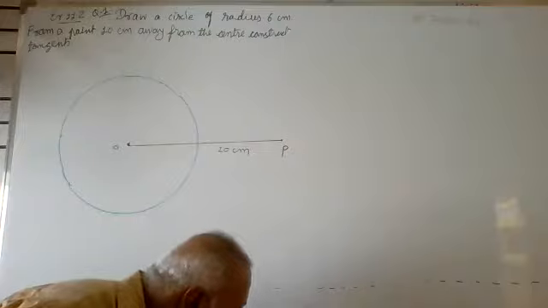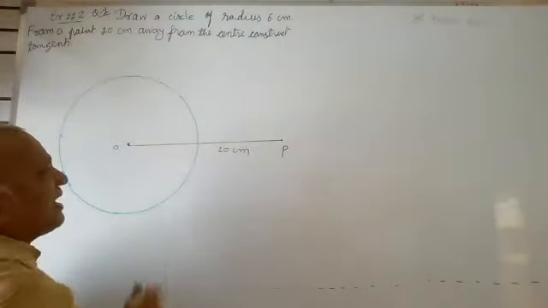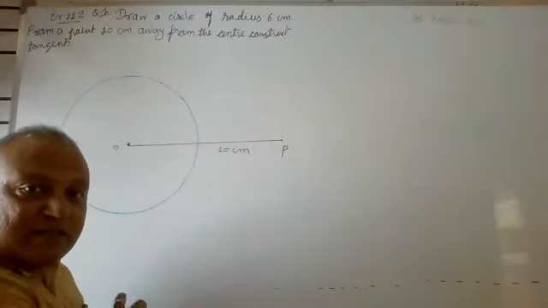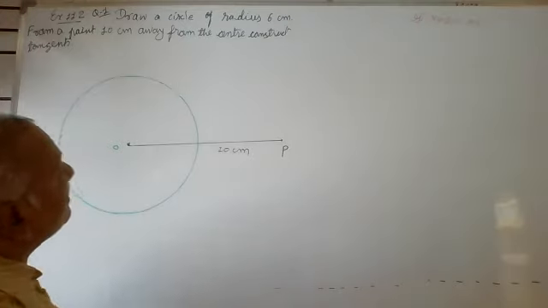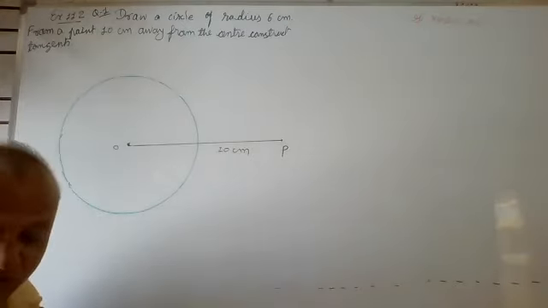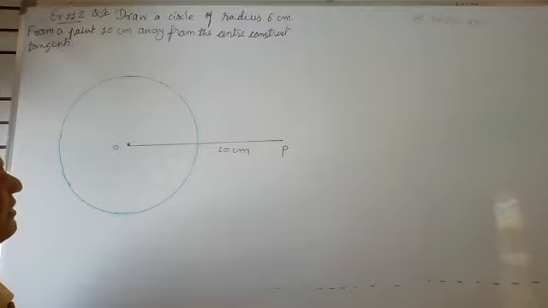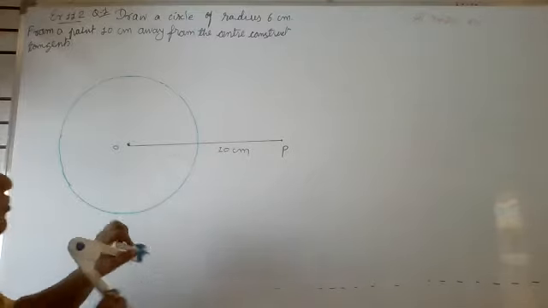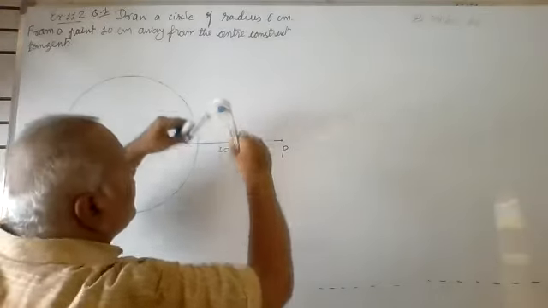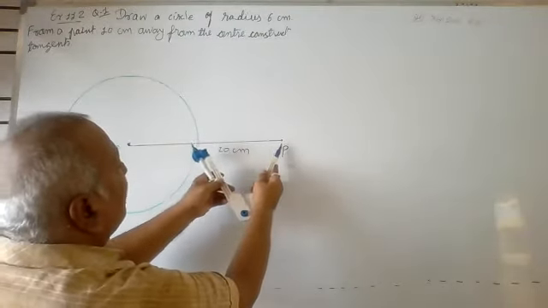Now from P we have to construct two arcs. How can we construct these two arcs? That we will see now. First we have to get the midpoint of OP, and for that we have to take more than half of OP.